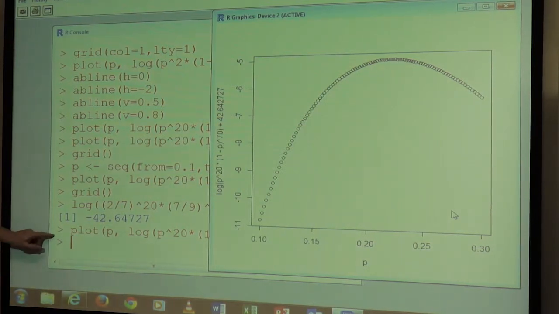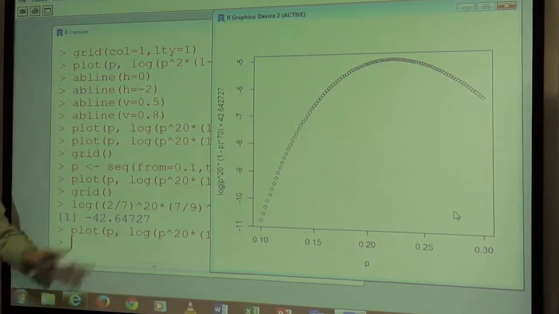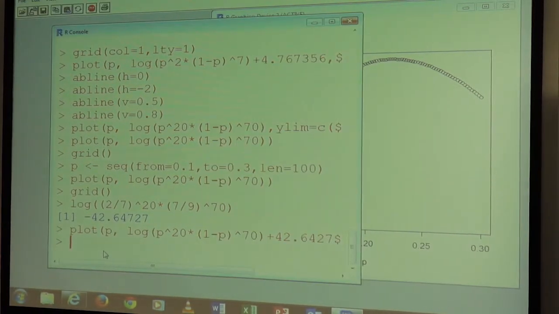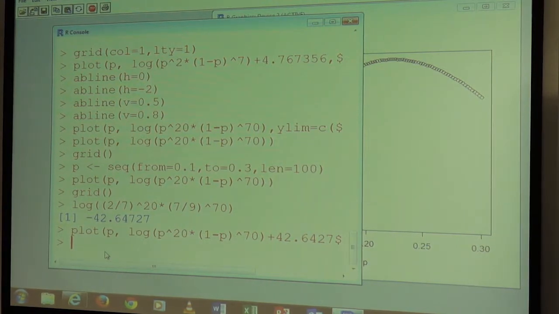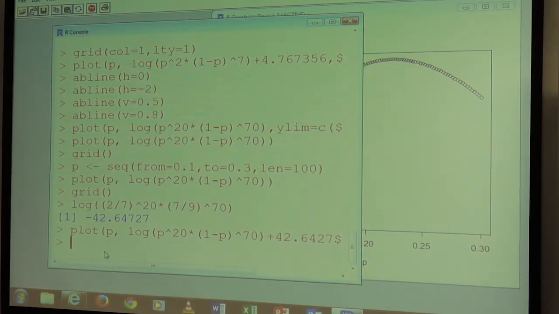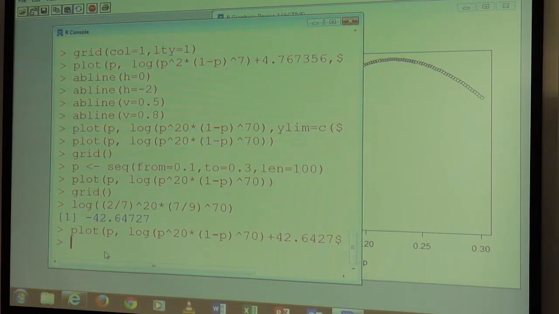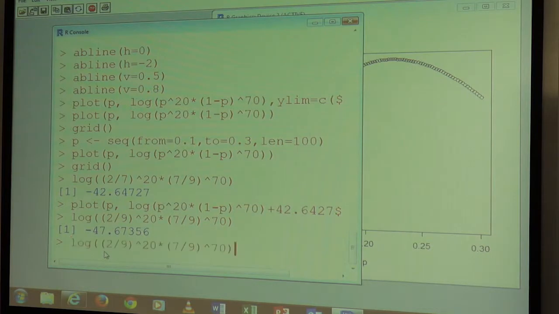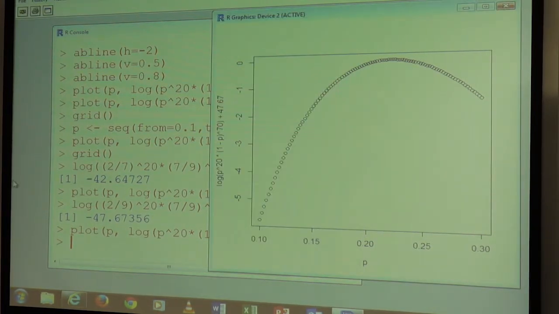All that's happened. What have I done wrong there? It should be, I was going to say, look, it's 0, but it's not. I've screwed up somehow. Shouldn't it be log 2 over 9 to the 20? Oh, well spotted. There you go, and there's your 0.